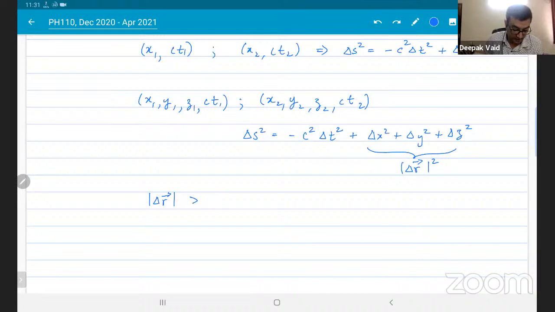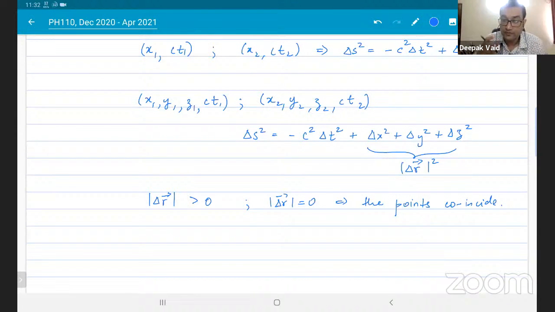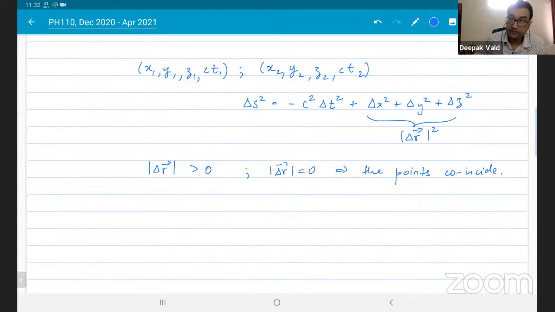If delta r is equal to 0, that means the two points coincide. That means they are the same point. So the spatial distance between any two spatial points is always positive, right? And the only time the distance is 0 is when the points are on top of each other.